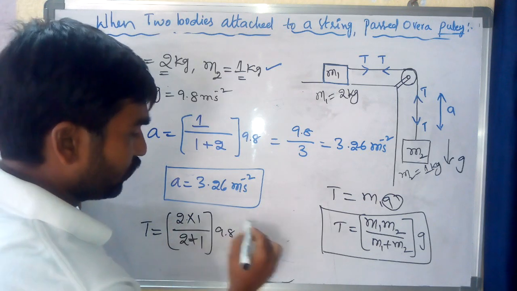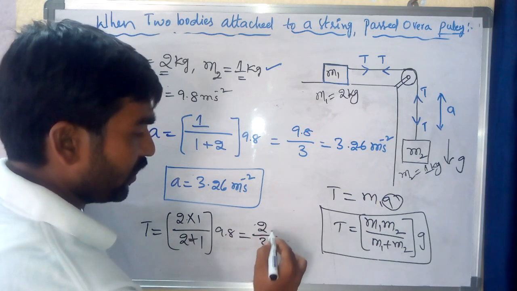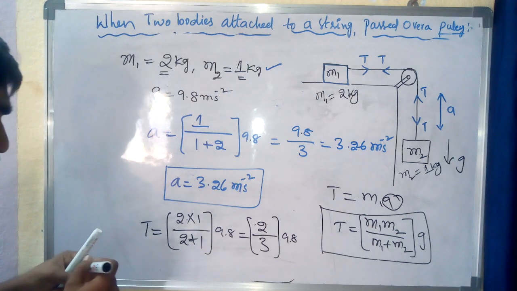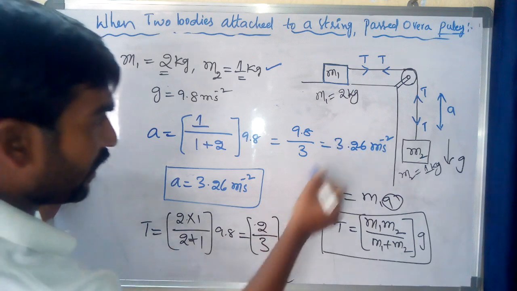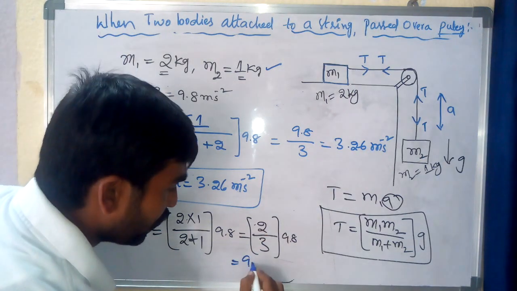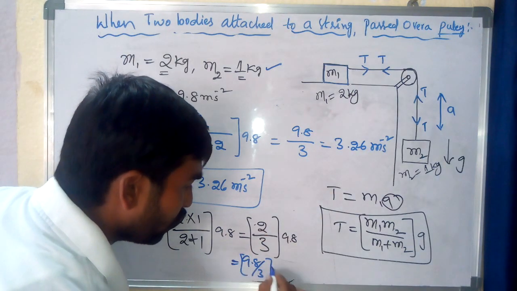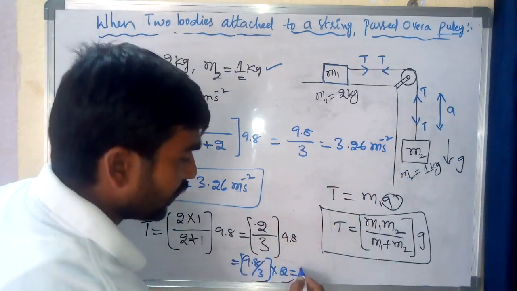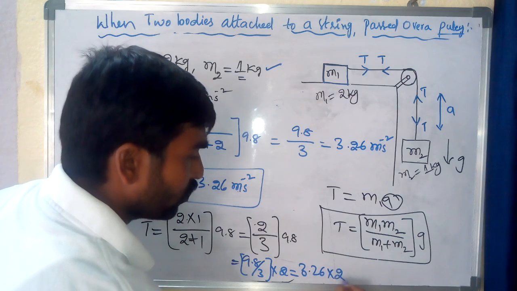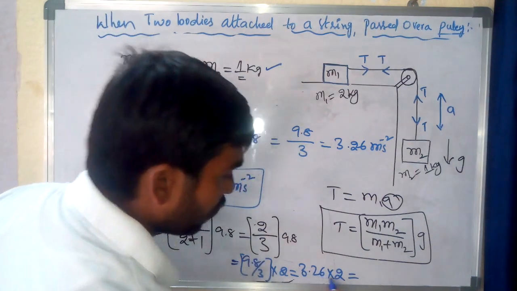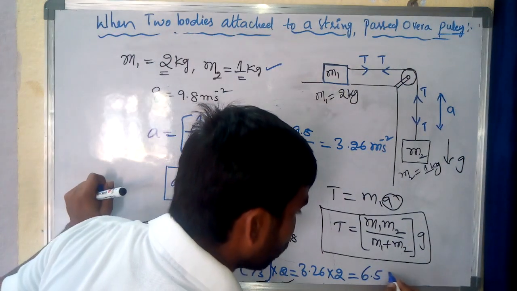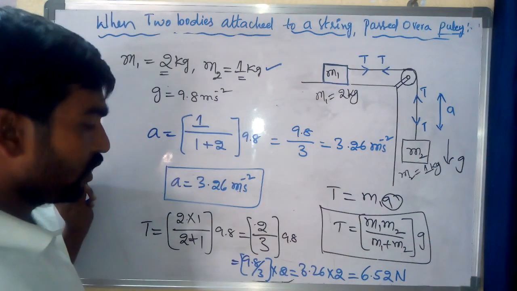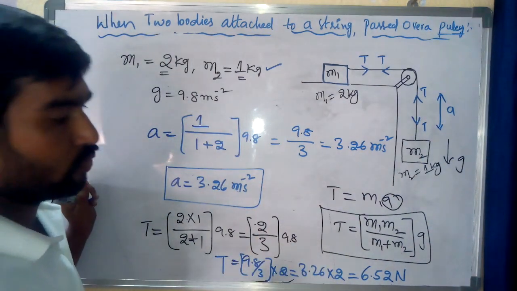We know the value of acceleration already, so 9.8 upon 3 into 2. We know the 9.8 by 3 value is 3.26, into 2, which is equal to 6.52 newtons, because it is a tensional force. So T is equal to 6.52 newtons. This is the tensional force of the given bodies.